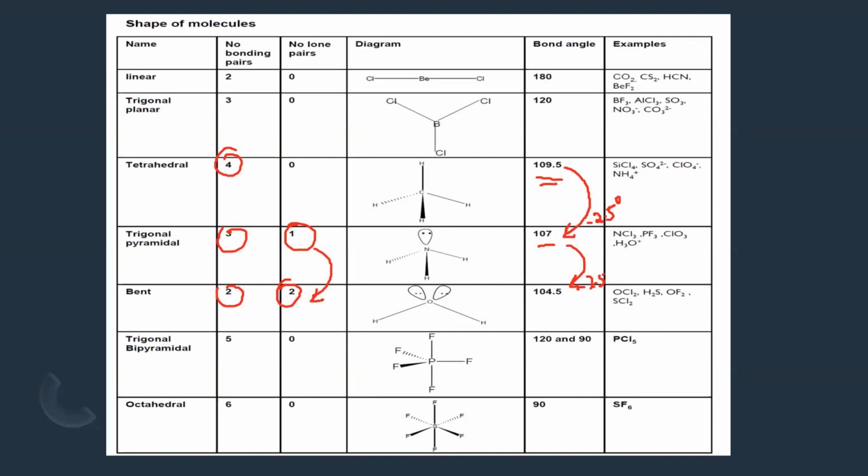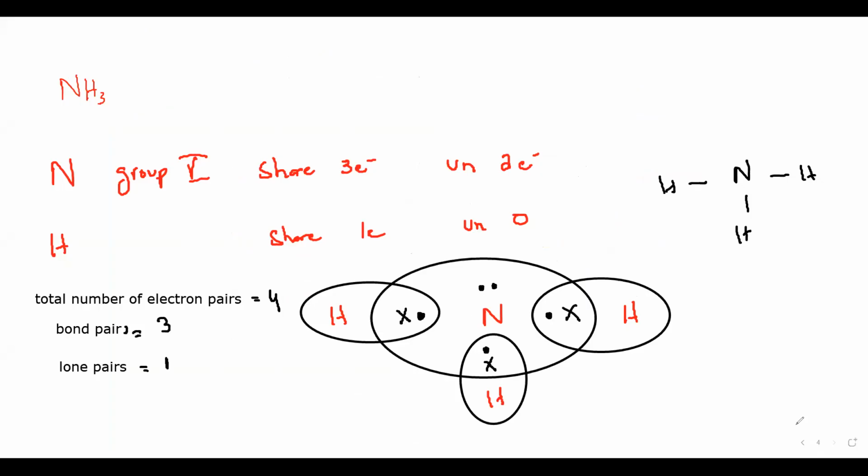And what is the reason for that? There is a theory which explains the geometry of molecules, and that is known as valence shell electron pair repulsion theory. This theory is the reason why different numbers of bond pairs and lone pairs lead to different geometries. What does this theory state?